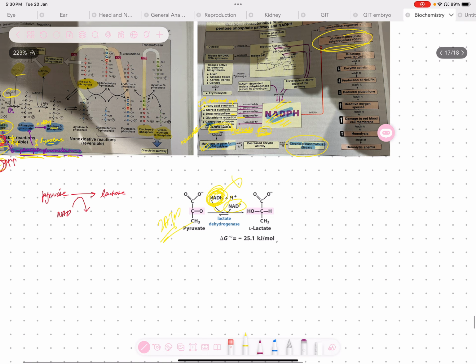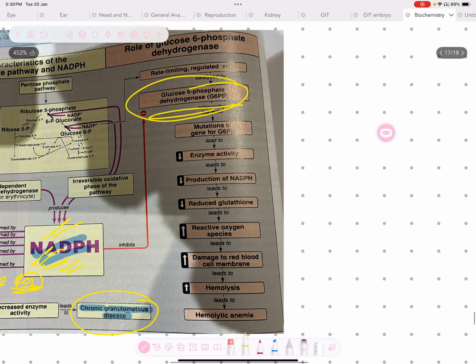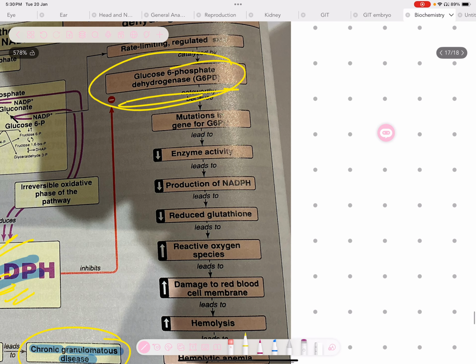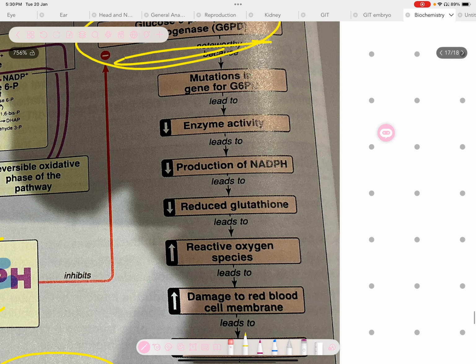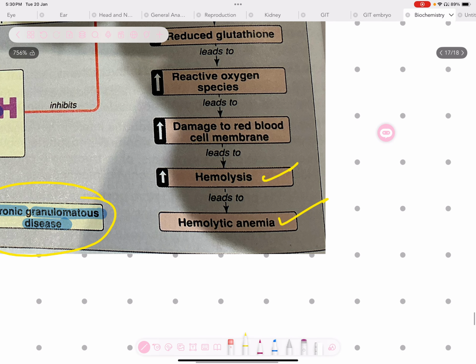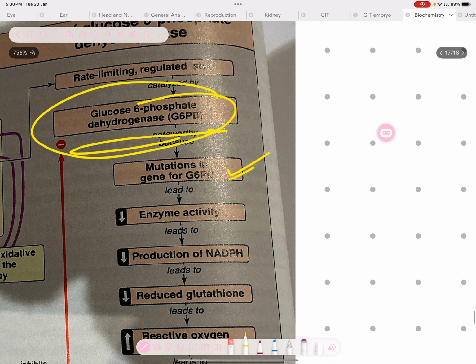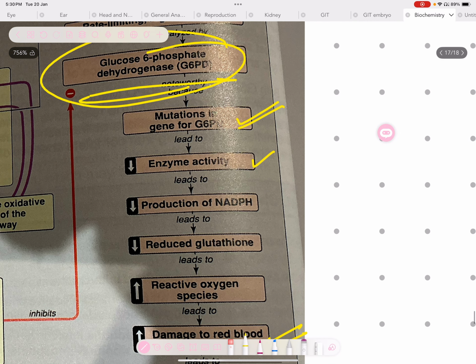On the contrary, now when you talk about G6PD deficiency, what happens in that? Basically, this is a very important enzyme, and if there is any mutation in this, it can lead to hemolysis, it can lead to hemolytic anemia, because red blood cells are damaged. Let's look at this. If there's a mutation in the gene for G6PD, the enzyme activity decreases, and there is decreased production of NADPH.